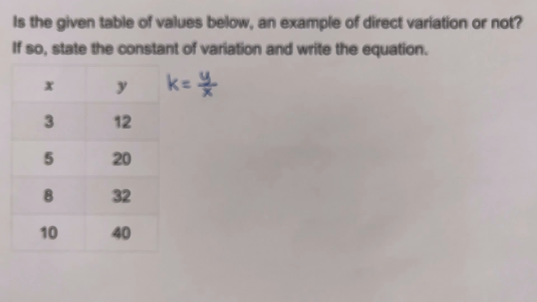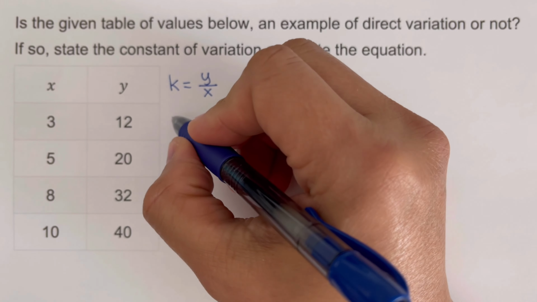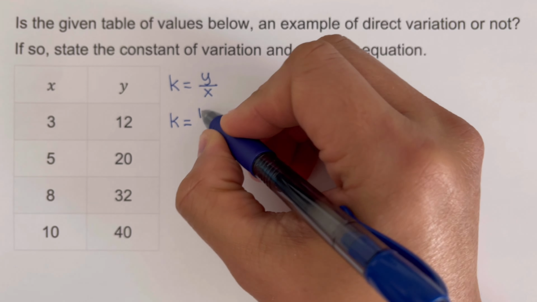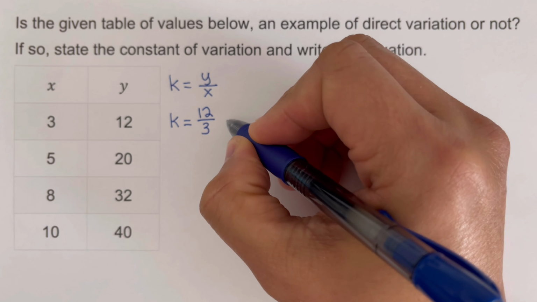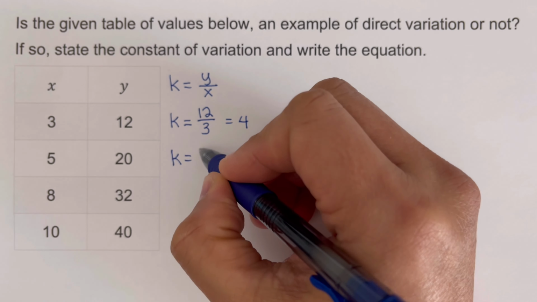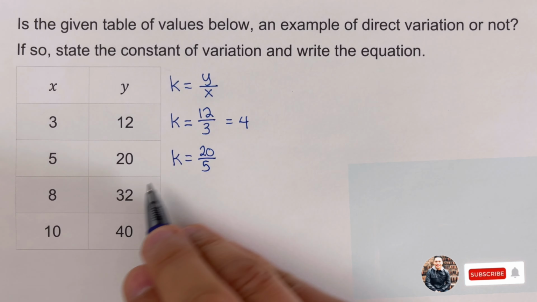So we are going to determine the k values for each of these ordered pairs. The k for the first one, our y is 12 divided by 3. 12 divided by 3 is 4. The next k value would be 20 over 5. Again, that's y over x.